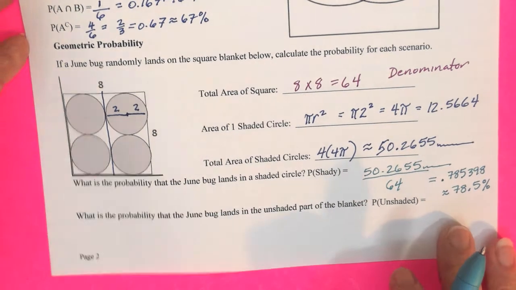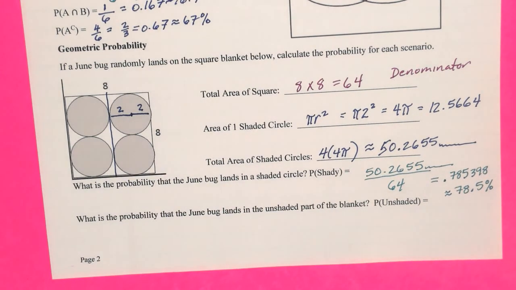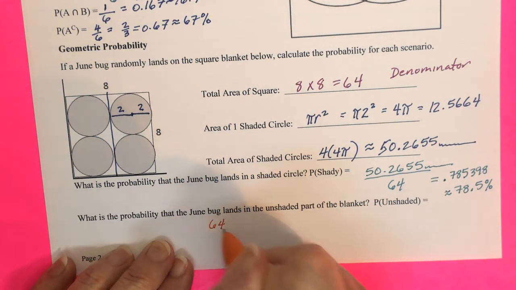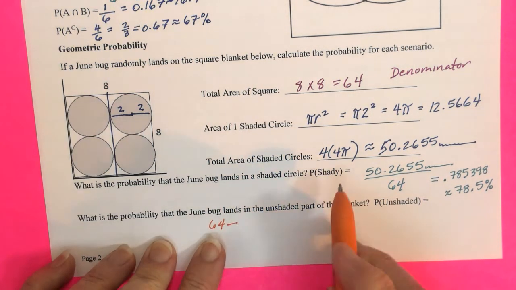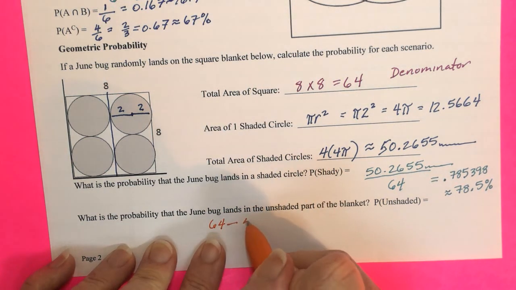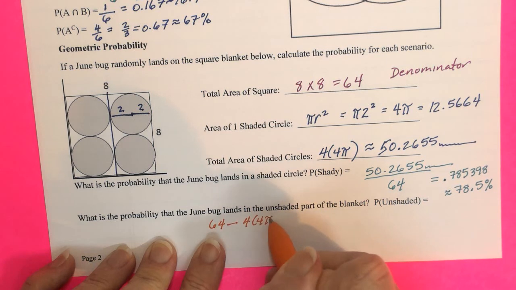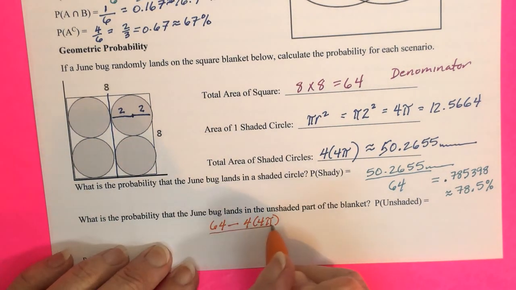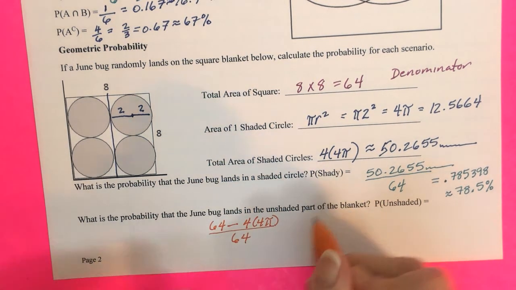We've got one more question here at the bottom. It says, what is the probability that the June bug lands in the unshaded part of the blanket? So we have to say the whole blanket is 64 and subtract our 4 times 4 pi, which we have stored on our calculator. We can just grab it, but then that's over our total blanket size.